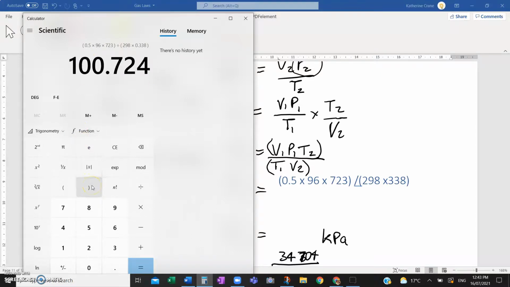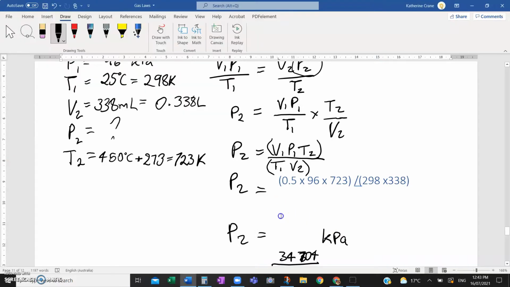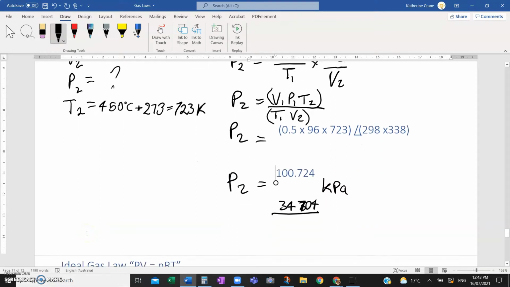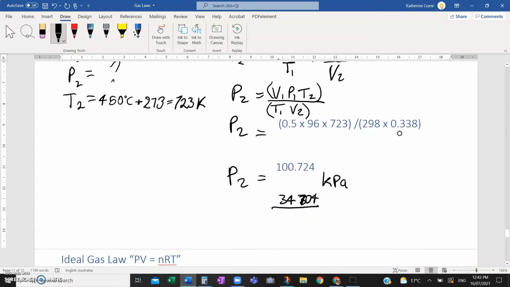There we go. So our answer is 100.724. Let's just copy that. Okay. Sorry, I realized my mistake here. That was 0.338. Guys, these are things to keep a check on. All right. And so that is us just using that equation.